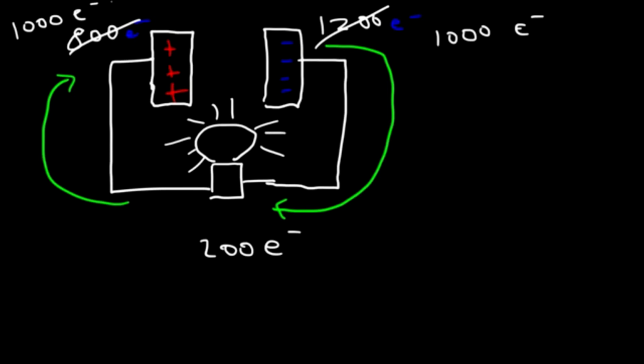They no longer have a charge. They have equal numbers of protons and electrons, so the charge on both plates is no longer positive Q and negative Q, but rather Q is going to be equal to 0, since the number of electrons are the same and the protons are the same. So once it reaches a state of equilibrium, the capacitor is basically dead. It's discharged.